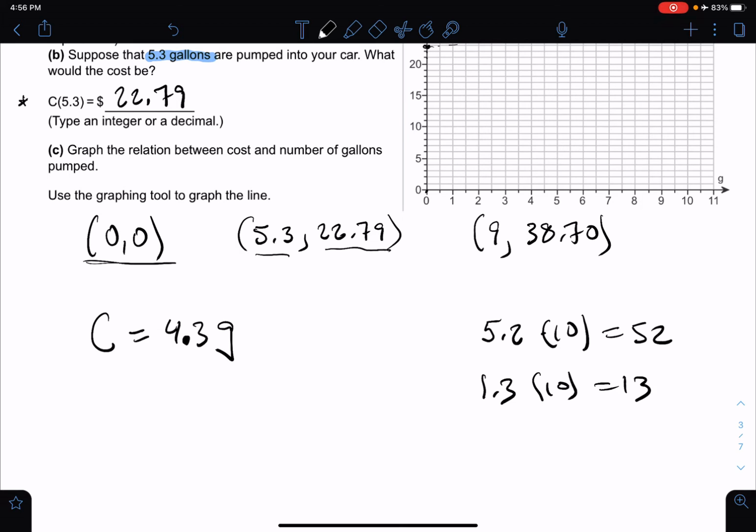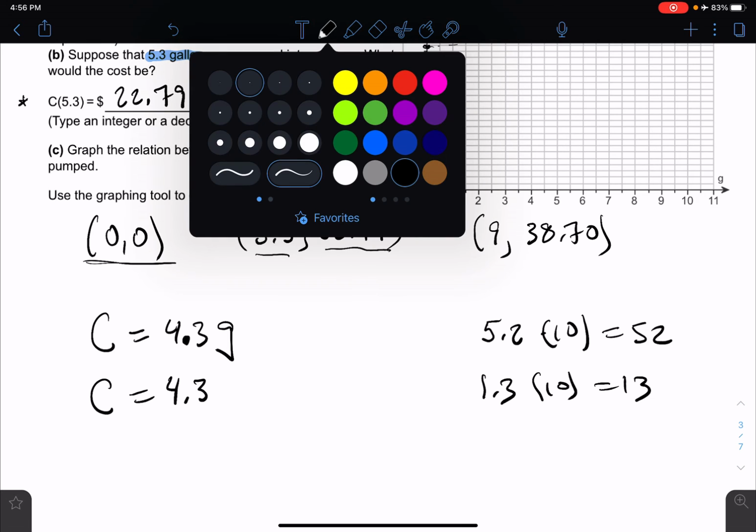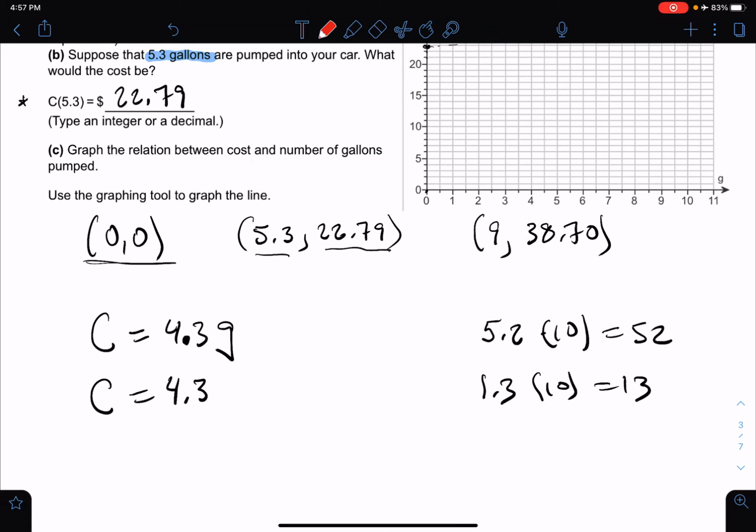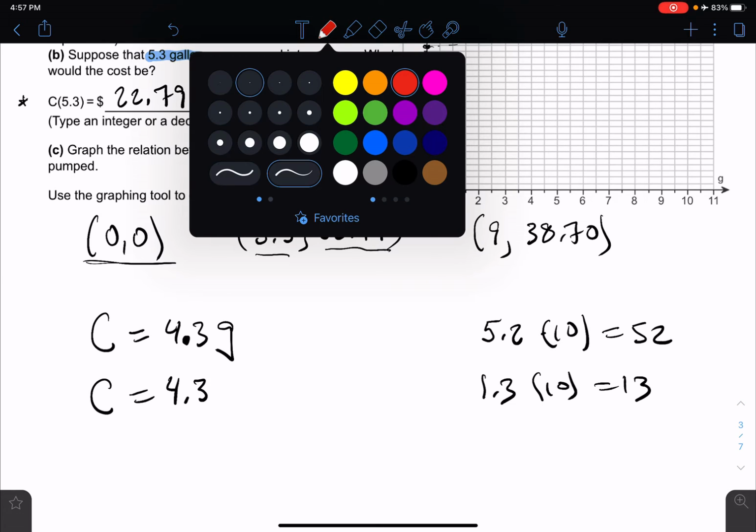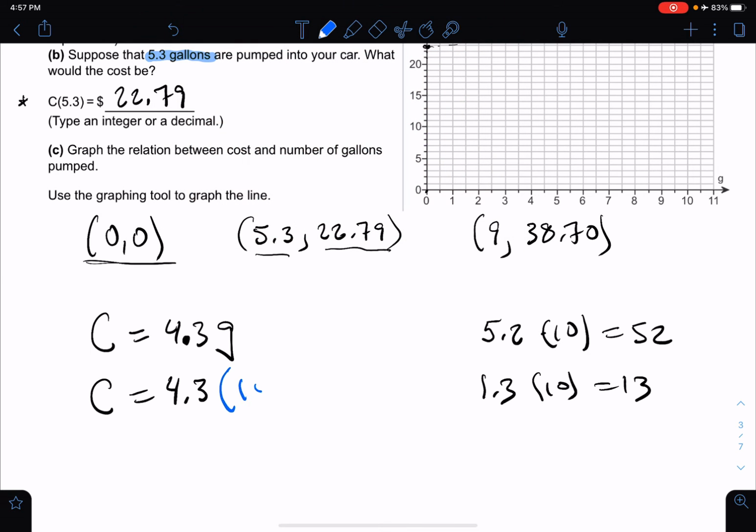So I started thinking, if they want whole numbers, how could I get a whole number quickly? I'm going to put in, what color did I use for G? I used gallons pumped, I used blue, I guess. So I'm going to put in a 10. Now I'm trying to find another point.